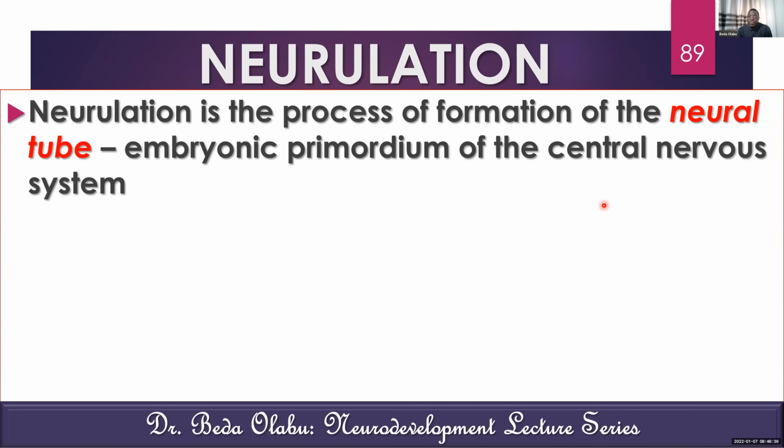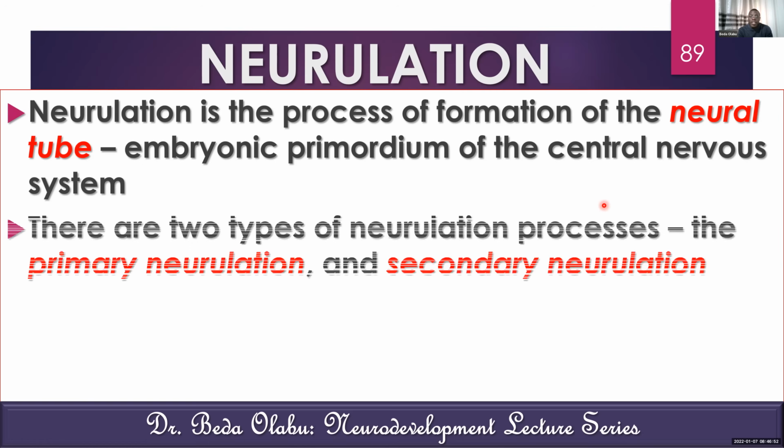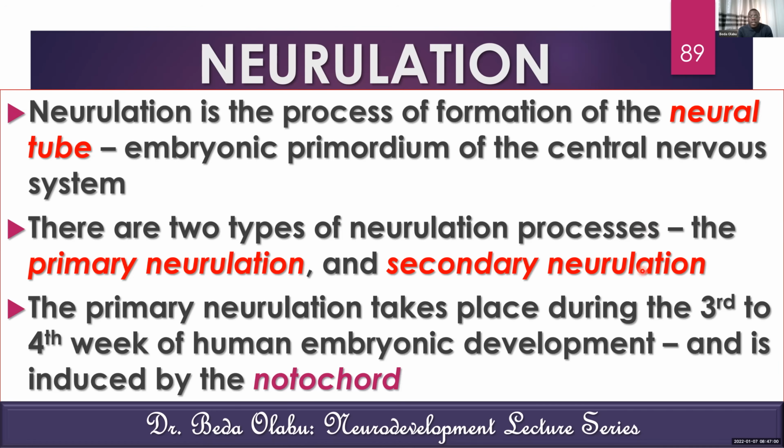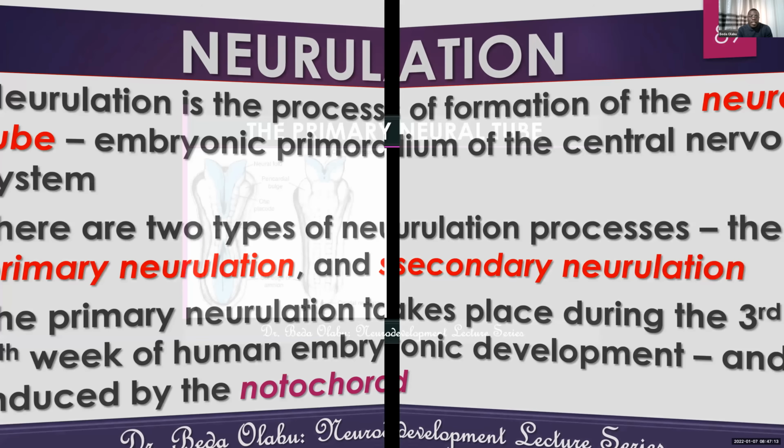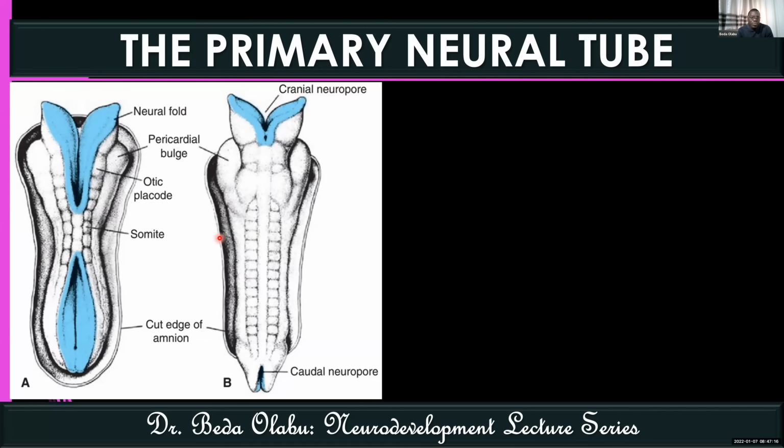So I want you to remember that story, that neurulation is a process of formation of the neurotube, which is the embryonic primordium of the central nervous system, and that we have 2 neurulation processes, primary neurulation and secondary neurulation. Primary neurulation is the one that is induced by the notochord. Secondary neurulation is not induced by the notochord. So if you understand that, then I can show you the primary neurotube.